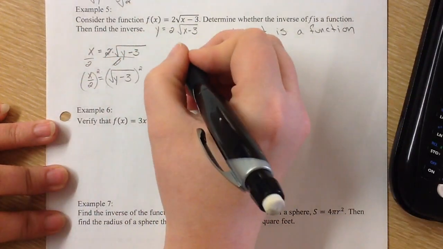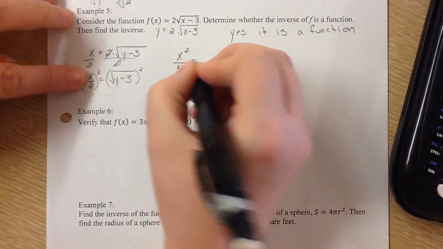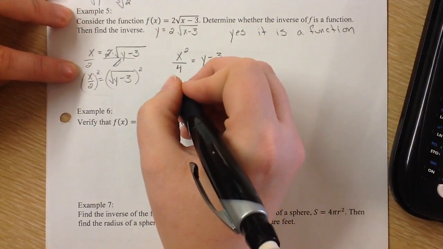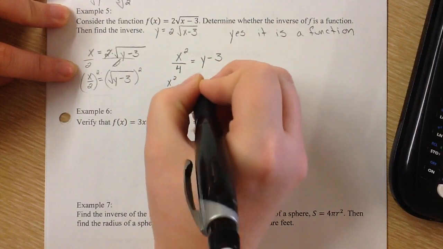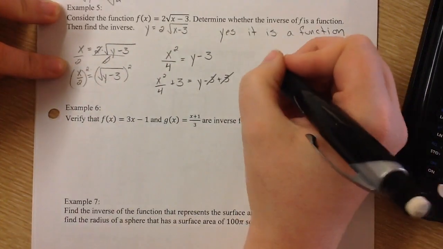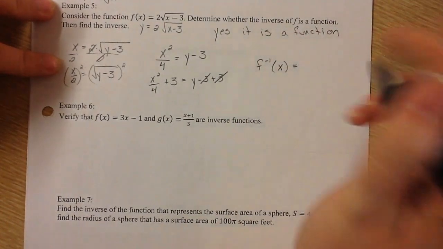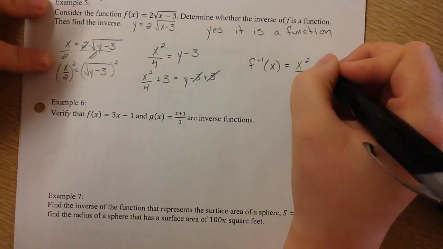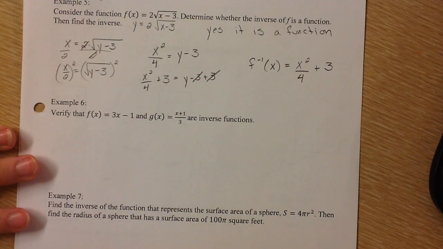X squared over 2 squared, which is 4, equals y minus 3. And then we'll need to add the 3 to both sides. So my inverse function, f inverse of x, is going to equal x squared over 4 plus 3.